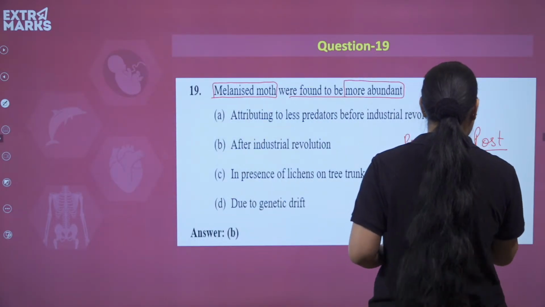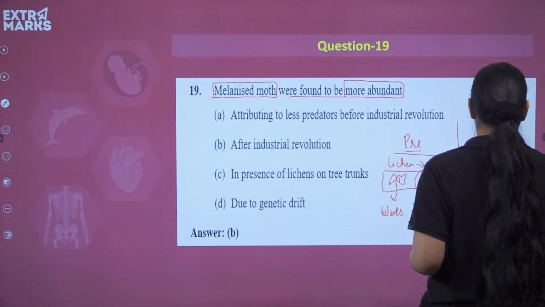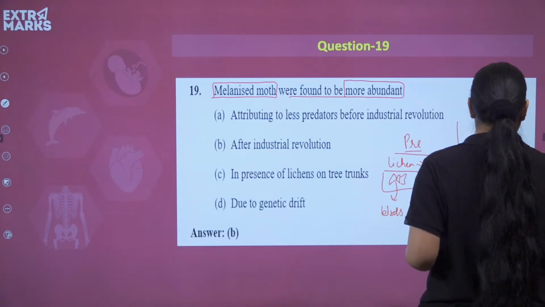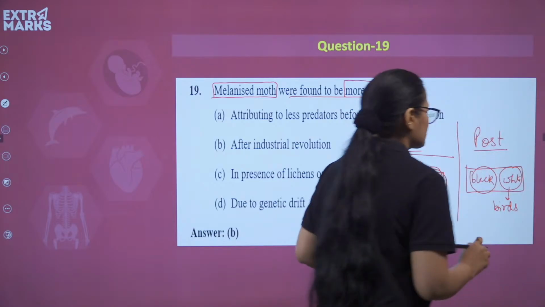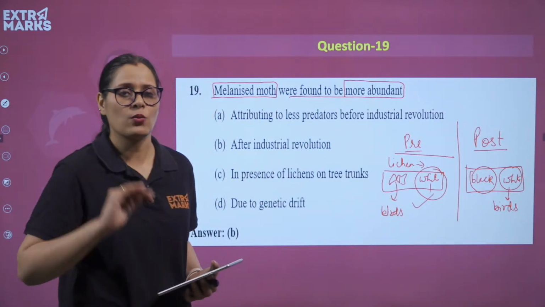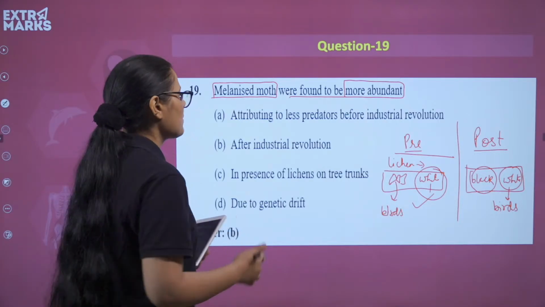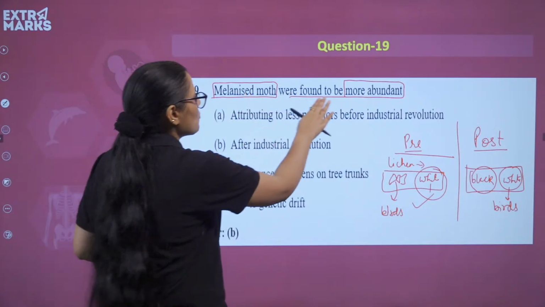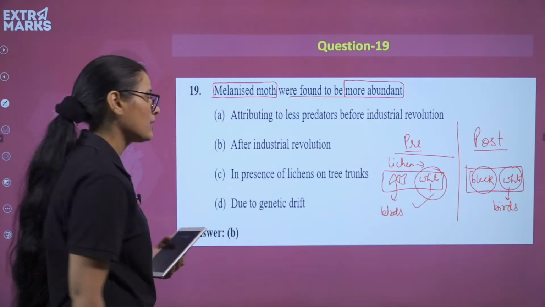While post-industrialization, it is the black ones that get camouflaged, while the white ones get predated by birds, as there is no lichen, there is smoke and dust that have covered the trunk region, and black moths camouflaged with it. So the question is that melanized form were found to be more abundant post-industrialization.